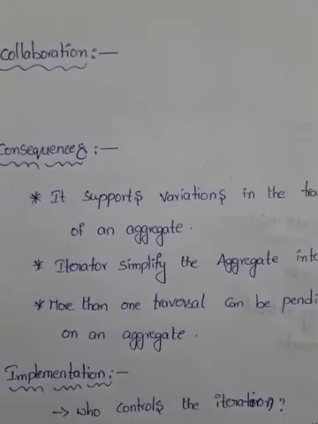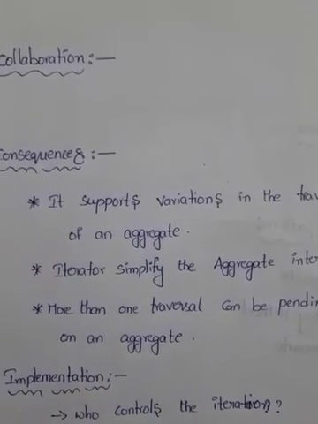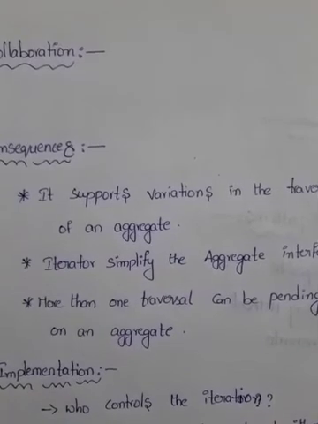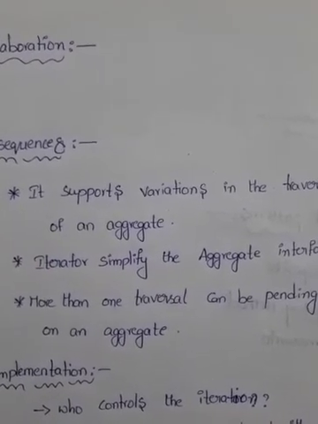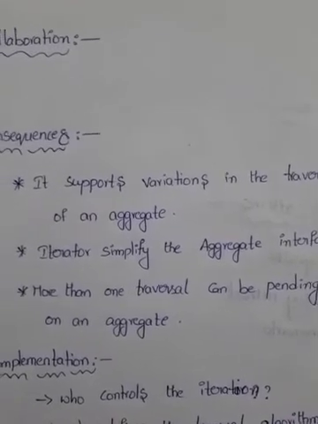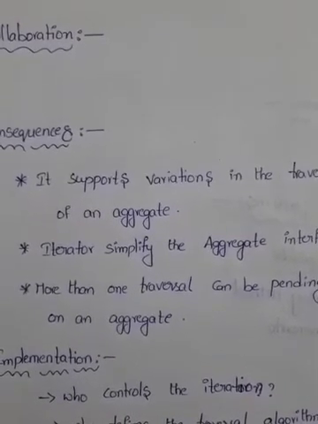Coming to our next template, consequences, the iterator pattern has 3 important consequences. The first one is it supports variations in the traversal of an aggregate. That means complex aggregates may be traversed in many ways.